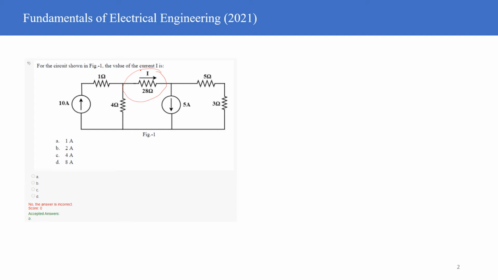So again, for those who are joining just now, this is question number one, and the question asks you to find the value of the current which is flowing through 28 ohms. My question to you is what's the easiest way to figure out the current flowing through 28 ohms?